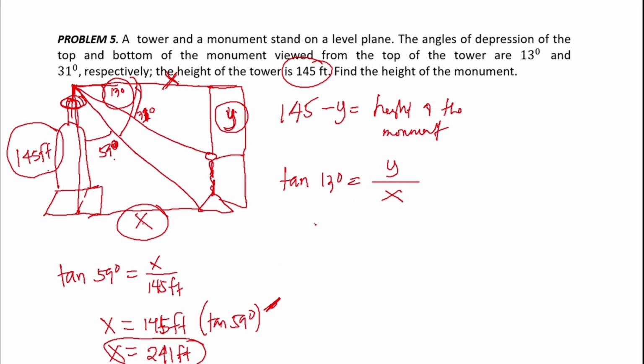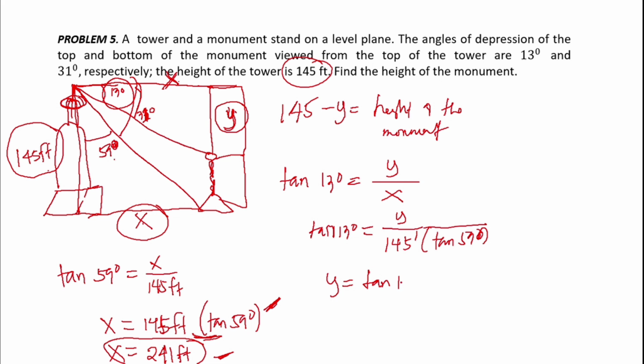So tangent 13 degrees is equal to y over 145 feet tangent 59 degrees. So y is equal to tangent 13 degrees times 145 times tangent 59 degrees.